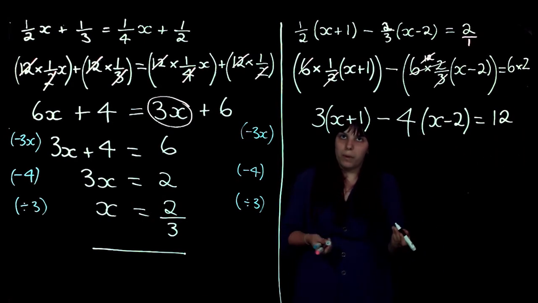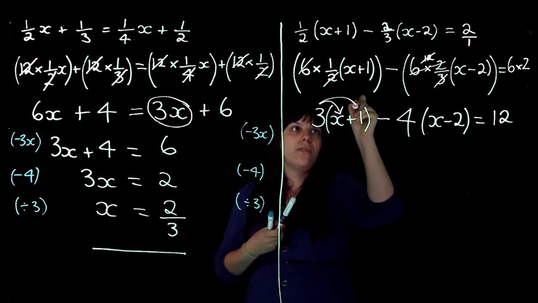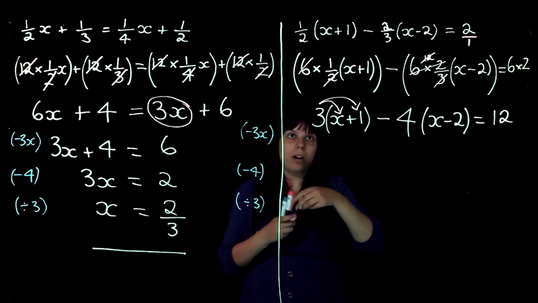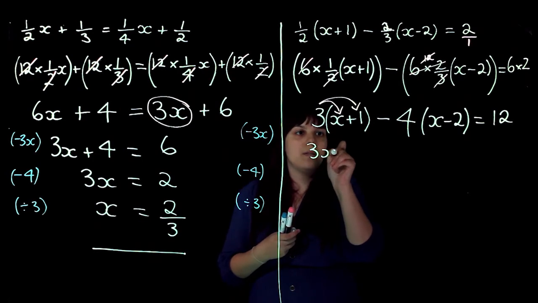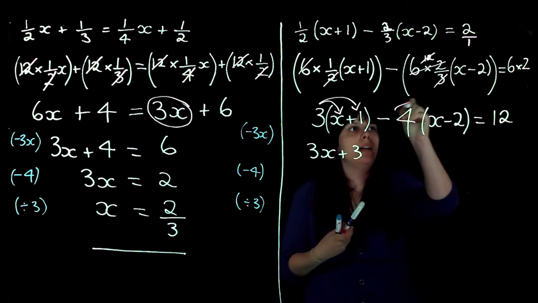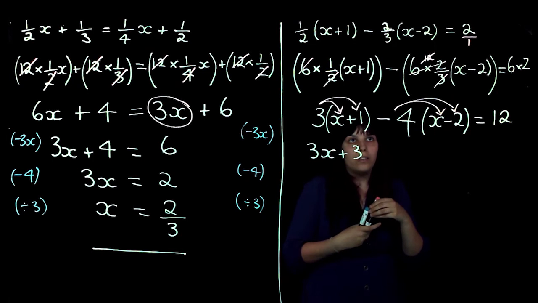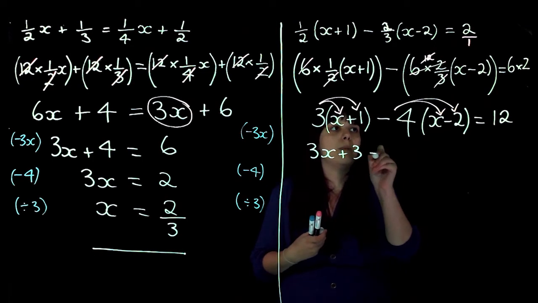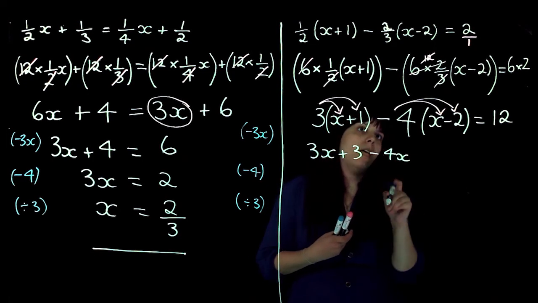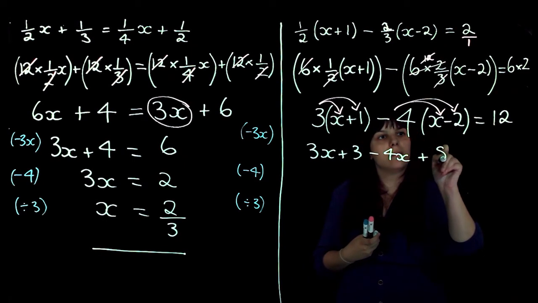So now I'm going to multiply out my brackets. So 3 times x and 3 times 1 is 3x plus 3. And then here we've got minus 4 times x and minus 4 times minus 2. So minus 4 times x is minus 4x. And minus 4 times minus 2 is plus 8.